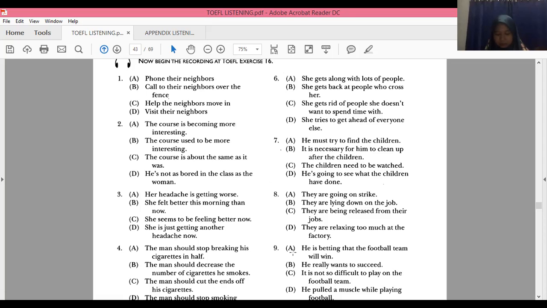Number 7. Are you going out or staying here tonight? I can't go out. I have to look after the children. What does the man mean? Number 8. Did you see in the paper this morning that one section of the factory is closing down today? Yes, and some of the workers will be laid off. What does the man say about the workers?